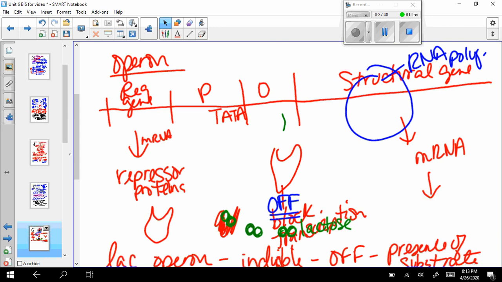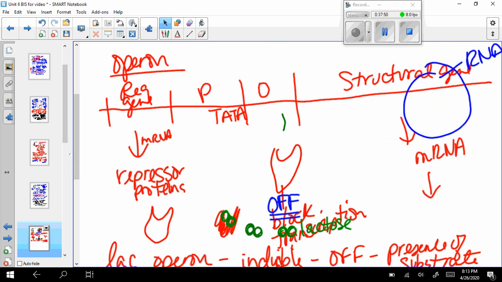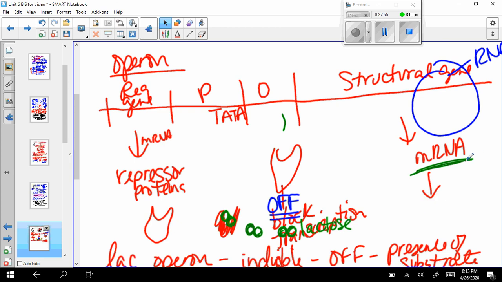And it's on and it's moving and it's doing its job. Yay. That means I'm going to make mRNA, and that means I'm going to make lactase. Not lactose, not the sugar, but lactase. Lactase is an enzyme that works on lactose.